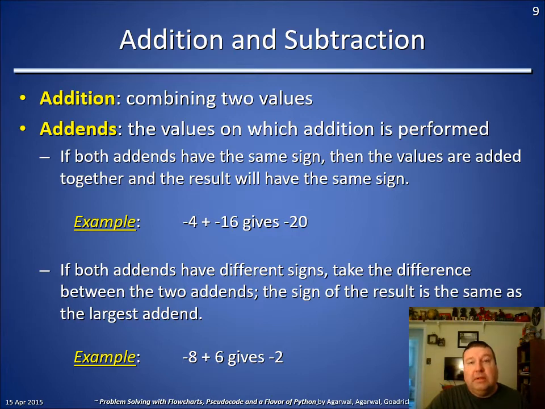So you have your operators and operands, your addition, and your addends. In this case, -4 plus -6 gives -10 if they have the same sign. If there are two different signs, you always take the difference between the two and take the sign of the larger number. So -8 plus 6 gives -2 because you're going to take the minus sign there.